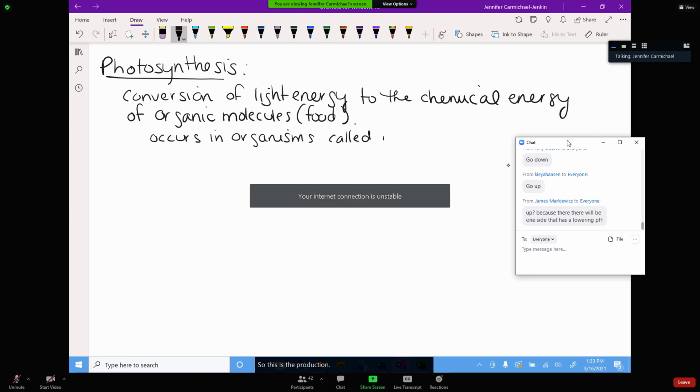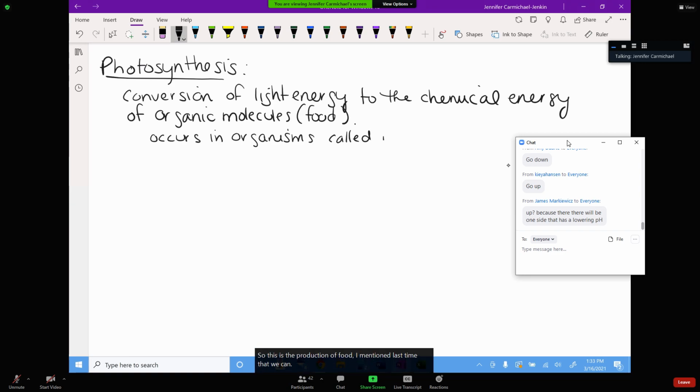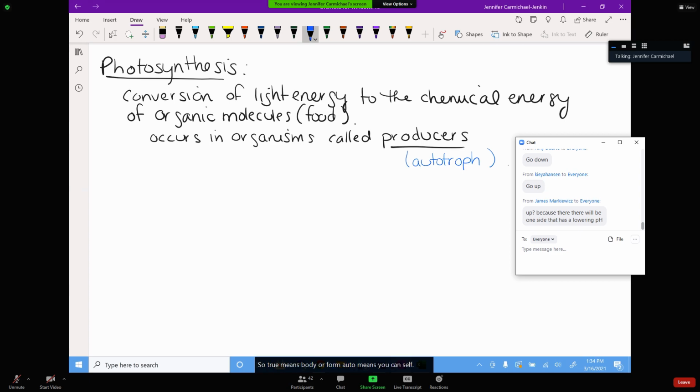So this is the production of food. I mentioned last time that we are consumers. So these organisms are called producers. And the formal word for that is autotroph, meaning self-feeder. Examples of producers: plants, and bacteria that are photosynthetic.